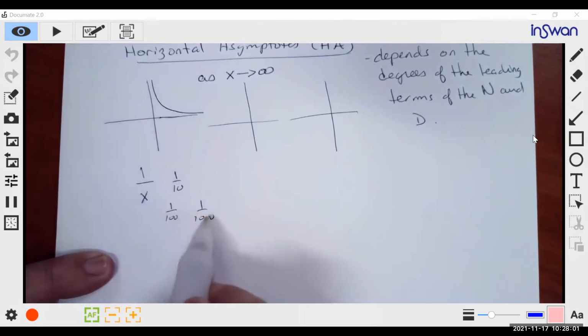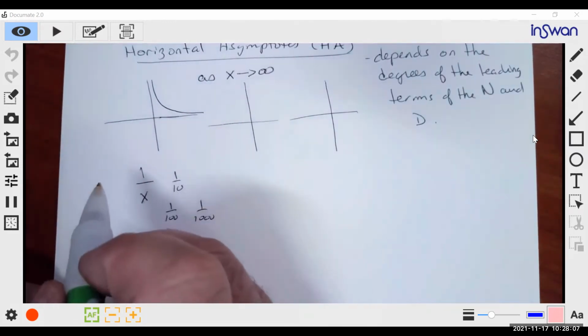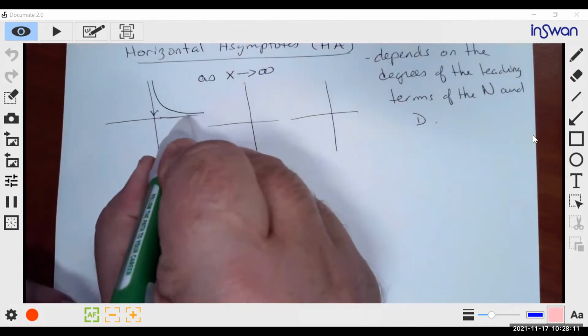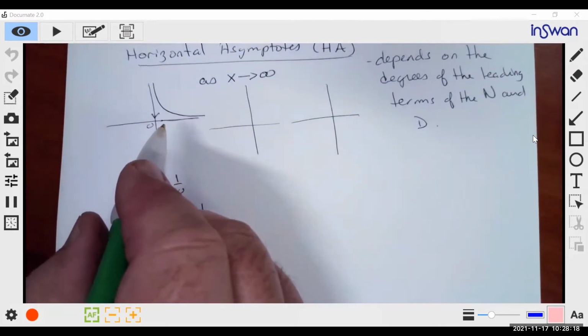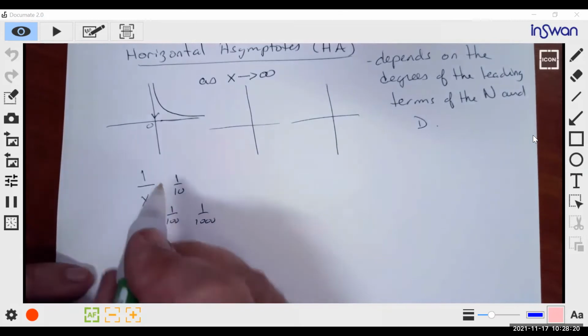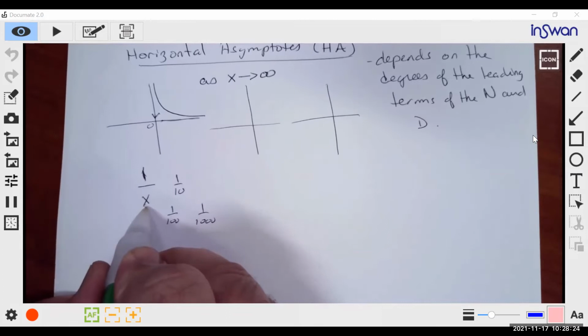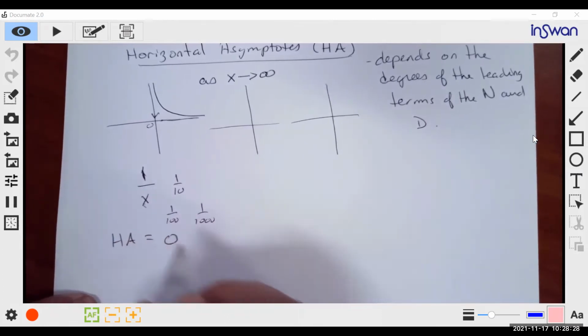You see, they're getting smaller and smaller and smaller. So if you look at this graph, which direction is the graph going? Down to 0. Will it ever reach it? No, it'll get infinitely close. So whenever we have more x's on the bottom, the horizontal asymptote is 0.